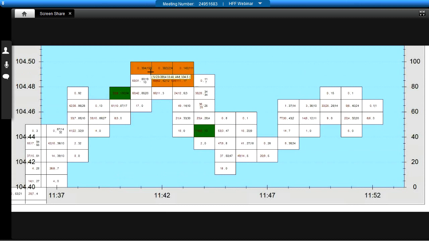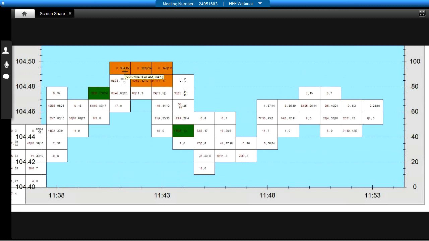So those were short bursts of liquidity and attempts to break that level, and all of those attempts failed. And then price just continues to do what it does.